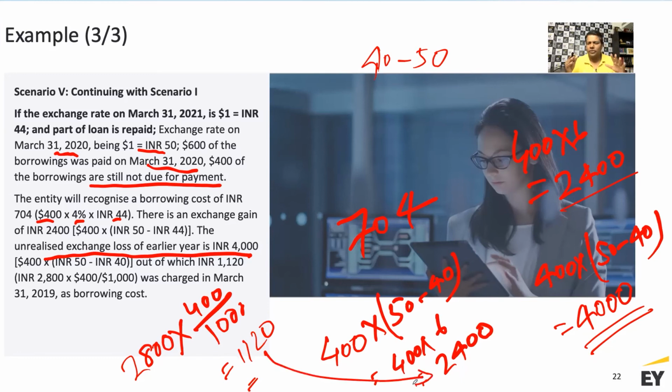So out of this 2,400 of actual unrealized exchange gain in the current period, 1120 is going to be used to offset your interest cost. The balance, 2,400 minus 1120, will be considered as part of exchange gain in the current period.